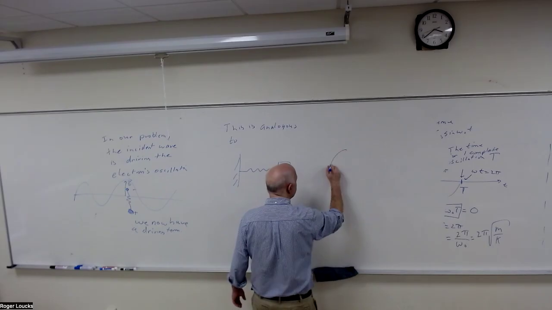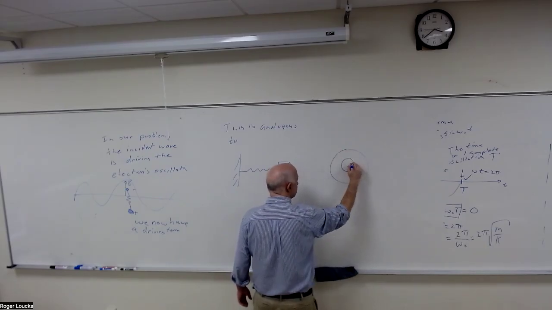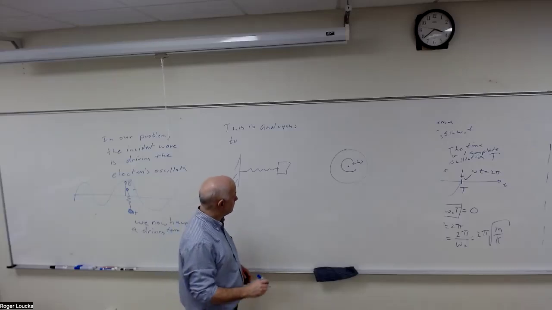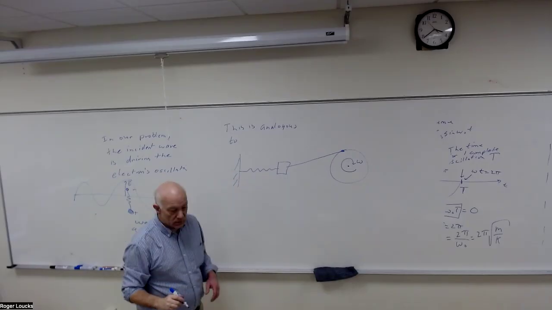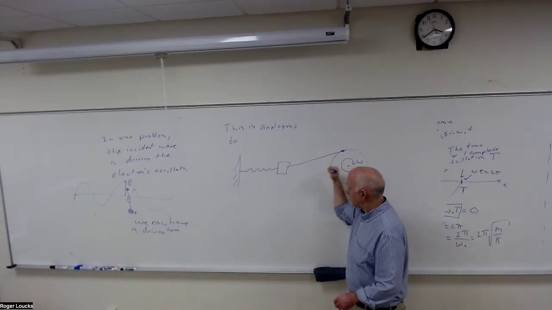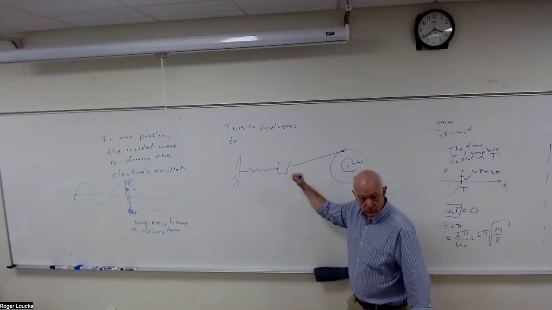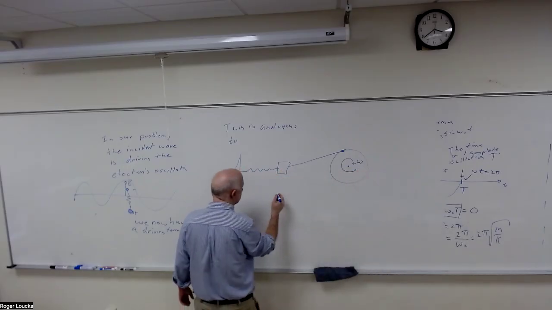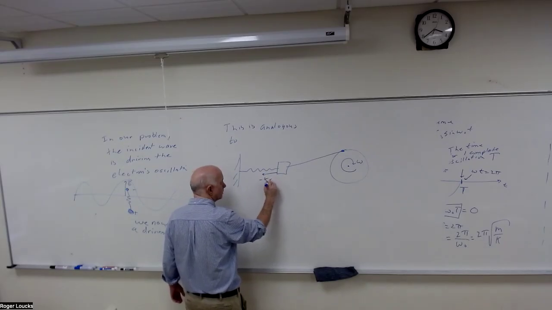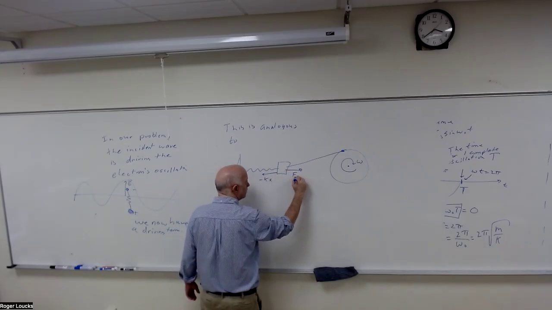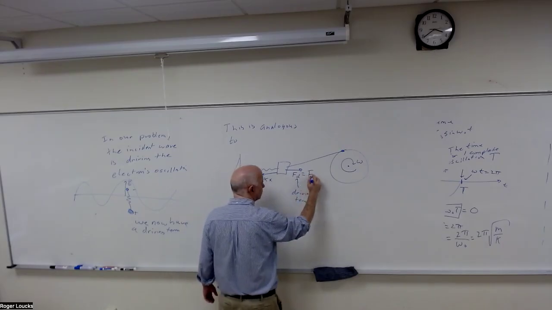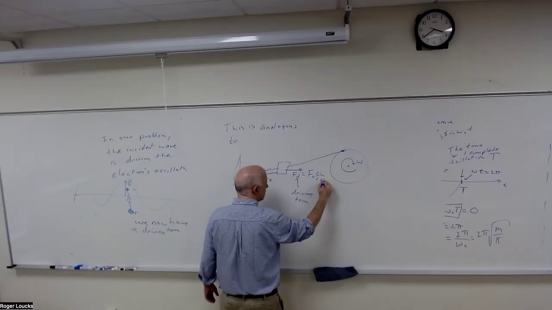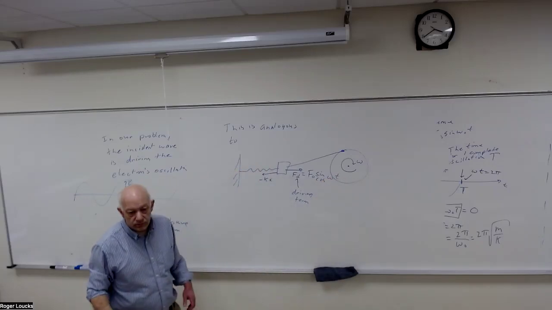I have a wheel here. This wheel is going to spin at some omega. And I have an arm connecting up like that. So when this goes like this, that's going to pull this back and forth. Now I have my minus kx here. Now I have my driving force, and this is going to be some amplitude F naught sine or cosine omega t.